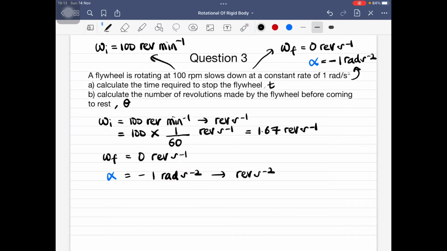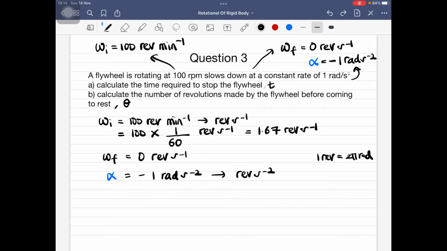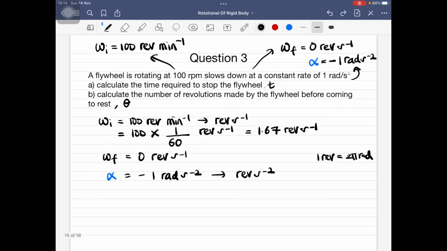To change radian to revolution, we know that one revolution is equal to 2 pi radian. So I'm going to use negative 1 times 1 revolution divided by 2 pi radian, and the unit will become revolution per second square.